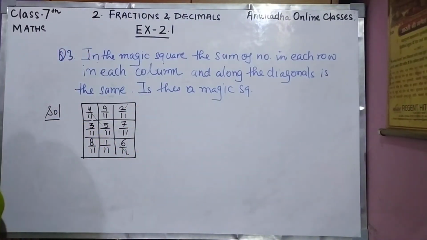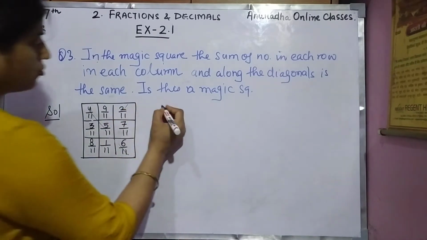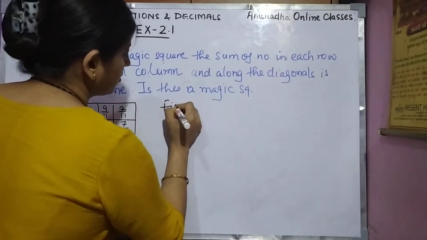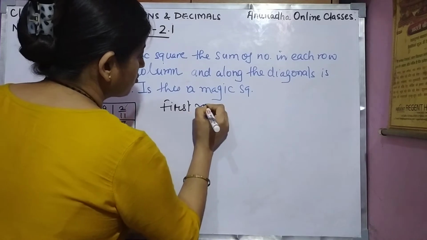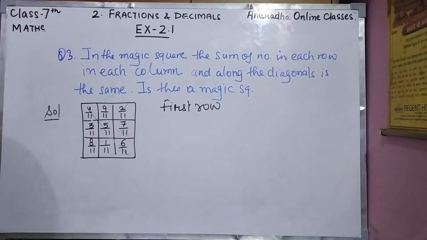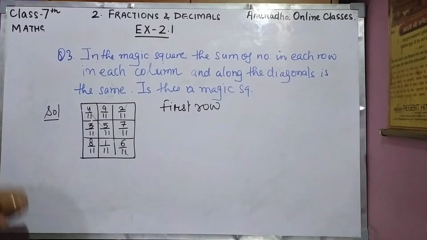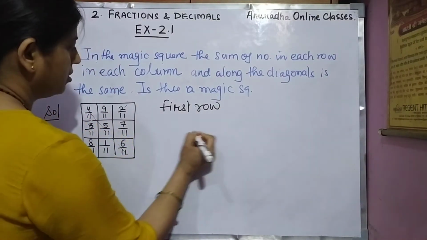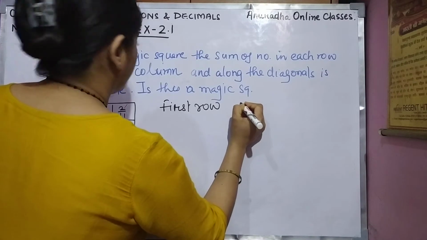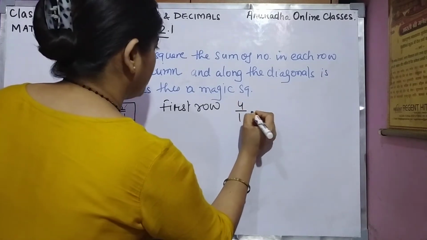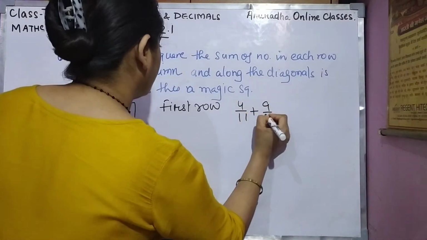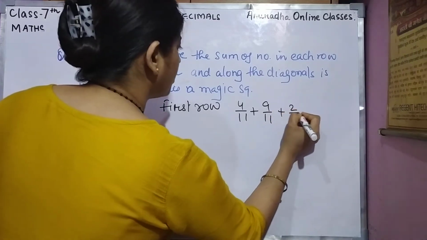First we come to the first row. See, in the first row, what is given? 4, 9 and 2. So in the first row we have 4 upon 11 plus 9 upon 11 plus 2 upon 11.